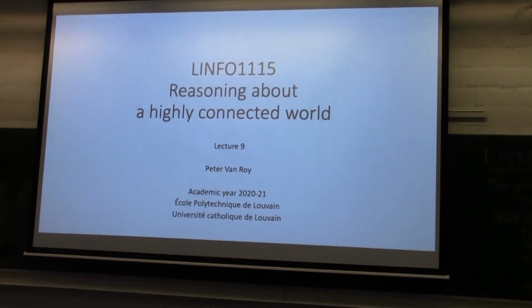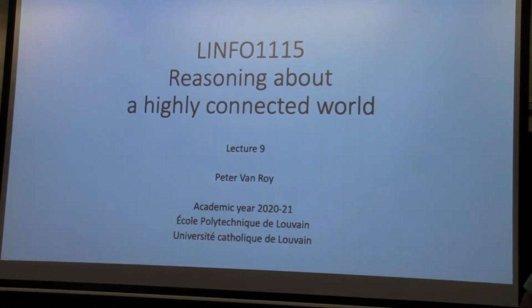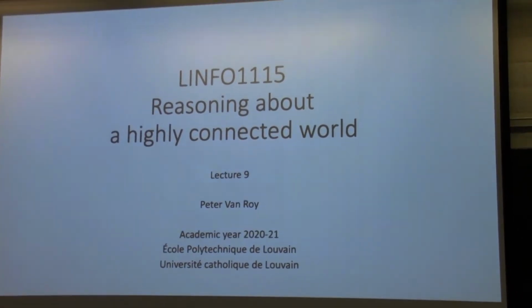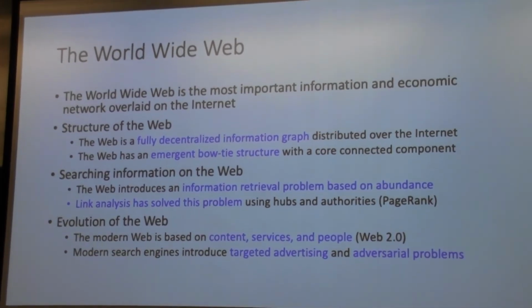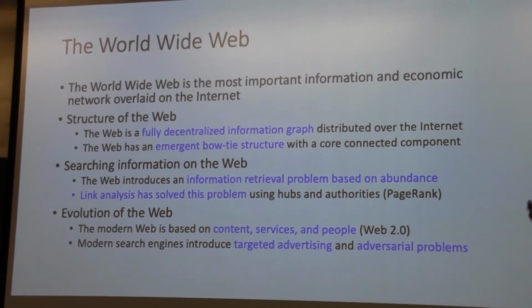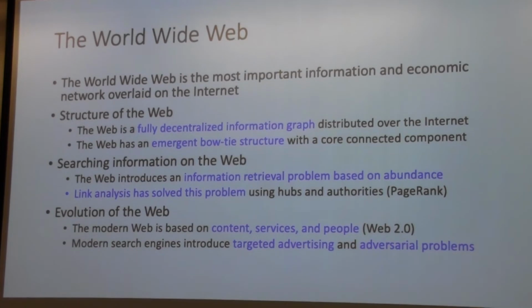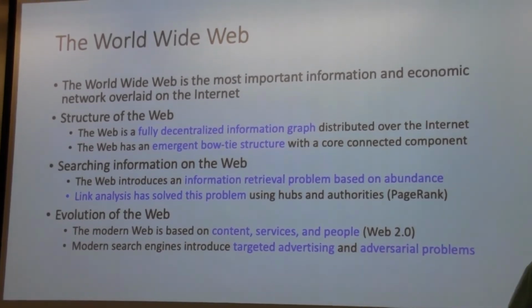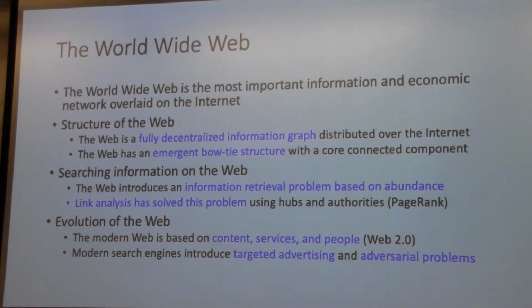Now we're going to apply game theory and graph theory to real big networks, things that we know. The first one that I want to talk about is the World Wide Web. Of course, everybody knows it, I don't have to say so much. It's the most important information and economic network, which is overlaid on top of the basic internet structure.